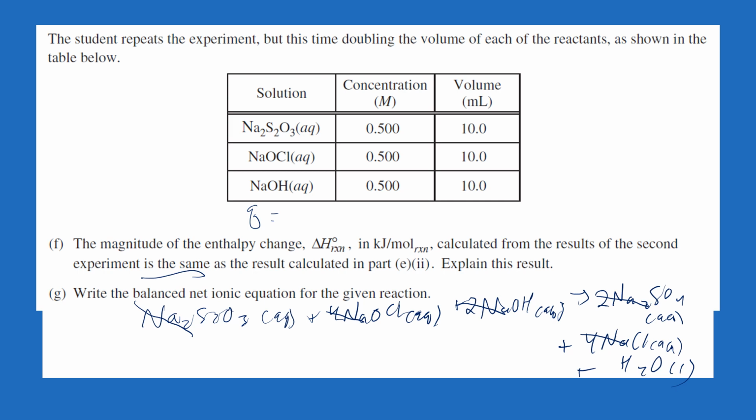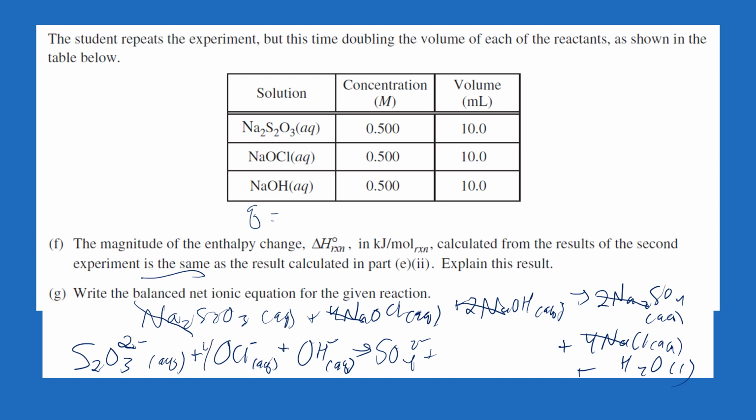So let's go ahead and rewrite just the things. So S2O3 negative. It's actually 2 negative because there were 2 sodiums attached to it. And we have our OCl negative. And we have our OH negative. And on the product side, we have sulfate, which is 2 negative. And I forgot my coefficients, of course. So this is 4, and this is 2.